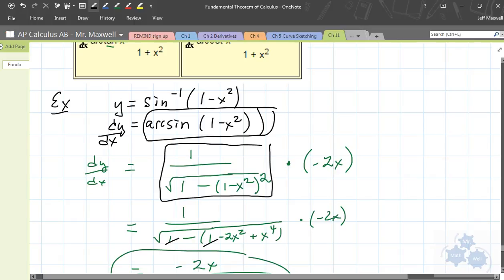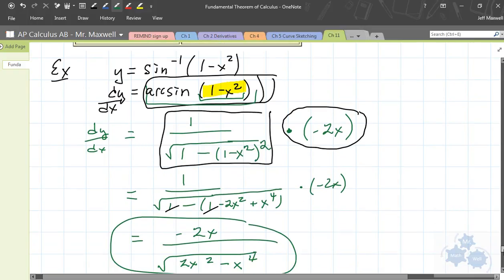But the reason why I have this out here, and you may know why, is because this is not just x in here. This is another expression. So really we have the chain rule happening, right? So we have outside function arc sine, then we have inside function 1 minus x squared. So we take the derivative of the arc sine, the outside function, and multiply it by the derivative of the inside function.